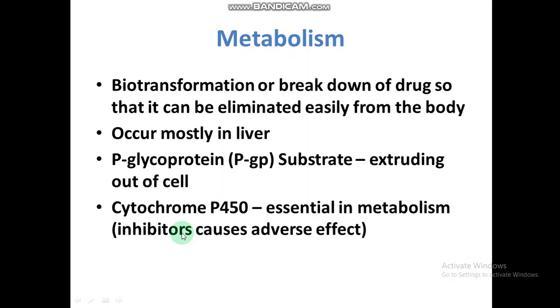If our compound is an inhibitor of this cytochrome P450, then it will cause adverse effects, because it will bind to and inhibit the cytochrome P450. So it will not be oxidized and it will not be metabolized. Therefore our desired medicine or drug should not be a cytochrome P450 inhibitor.